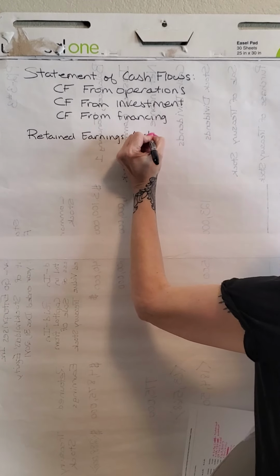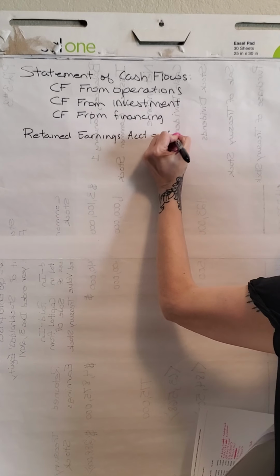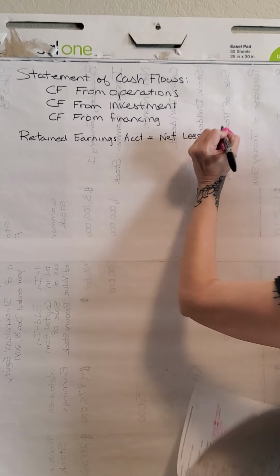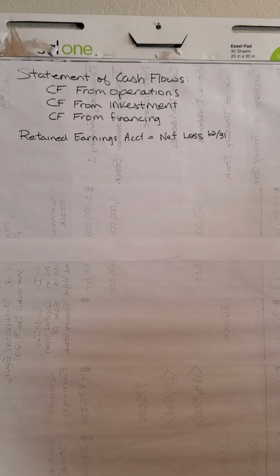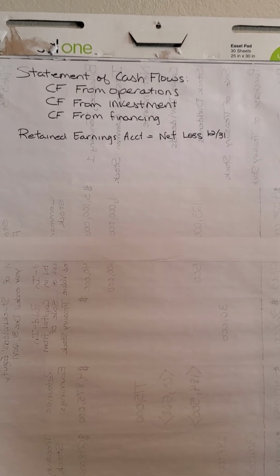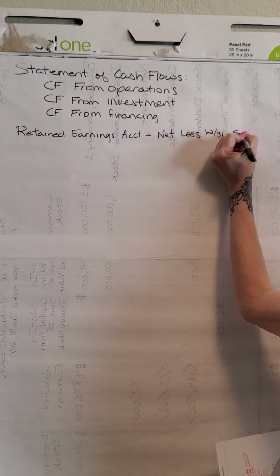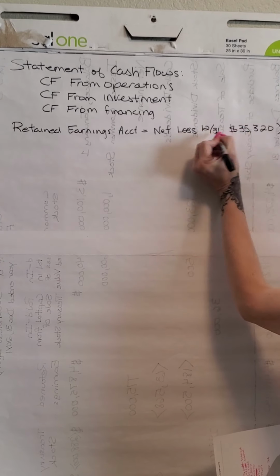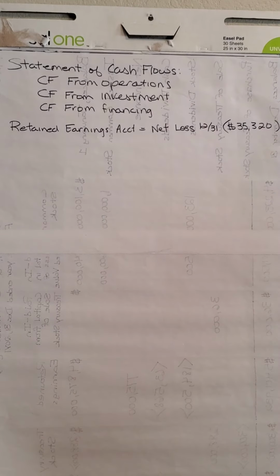Just so you know as you're going through, you can see there was a net loss that they posted on 12/31, and the net loss amount was $35,320. And you'll see that on the bottom line.